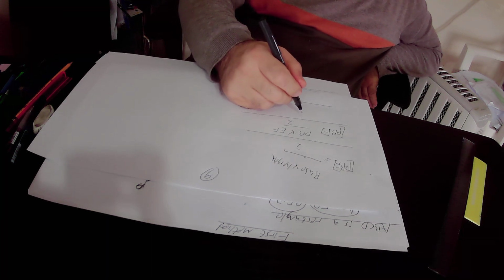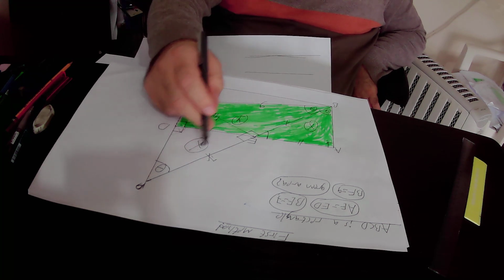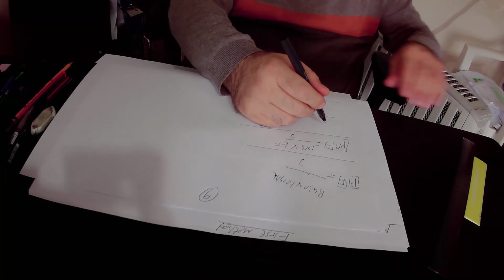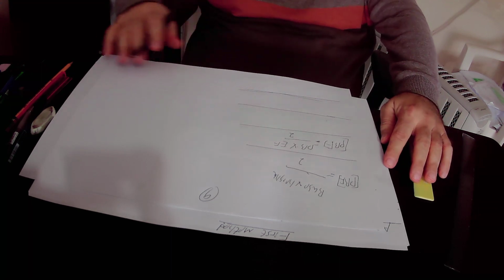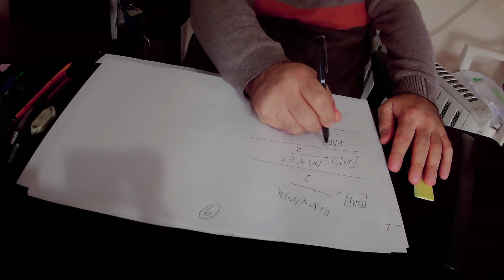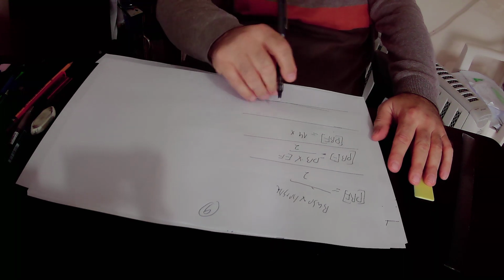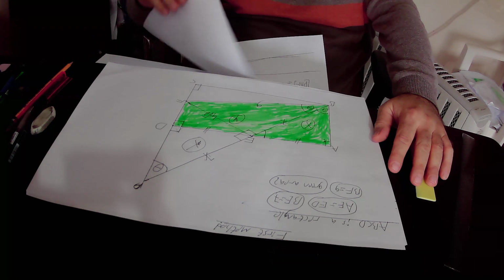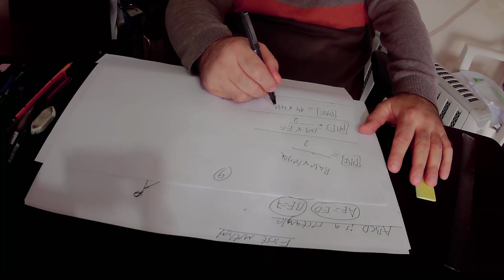equals PB, which is 7 plus 7, that is to say it equals 14, times EF, which is 4 times square root of 2 over 2.